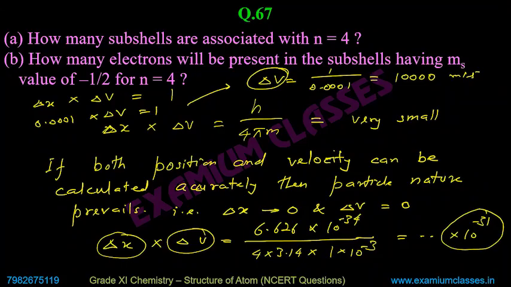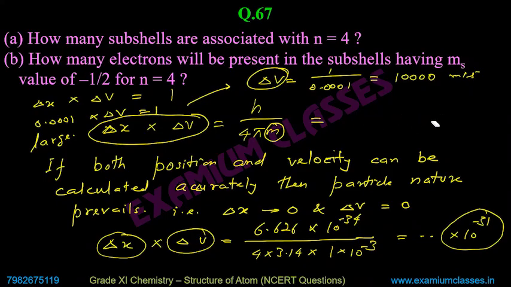Okay, sir. Why wave nature? Because the product can be very small only if mass is very large. So this will be large. Now I'm not considering the particle nature, I'm considering wave nature. If it is wave nature, the mass of the particle will be negligible, that's why it will act as a wave.